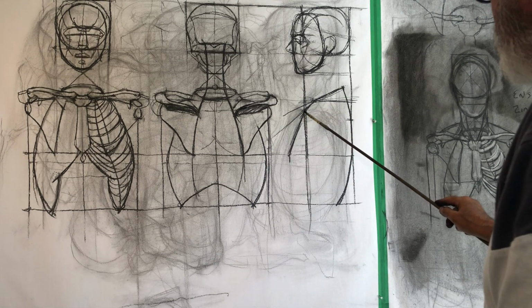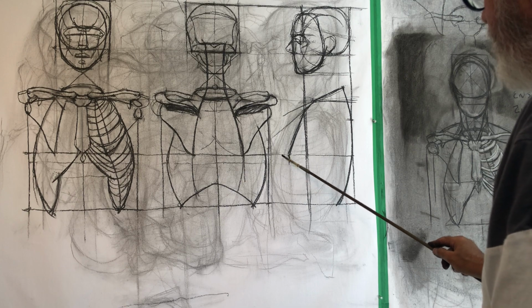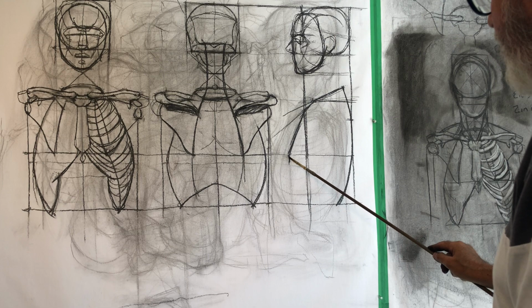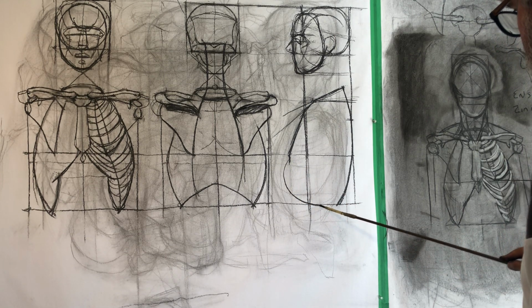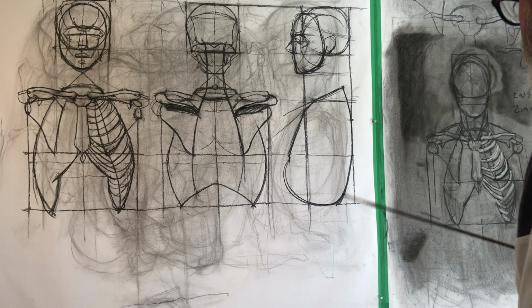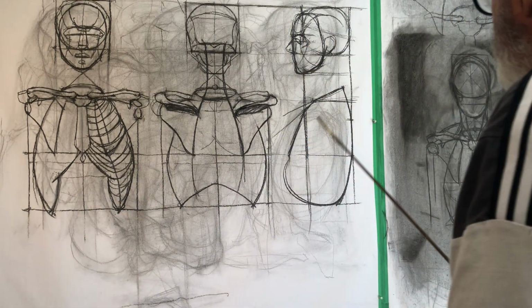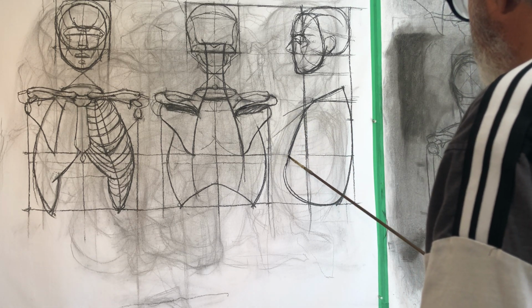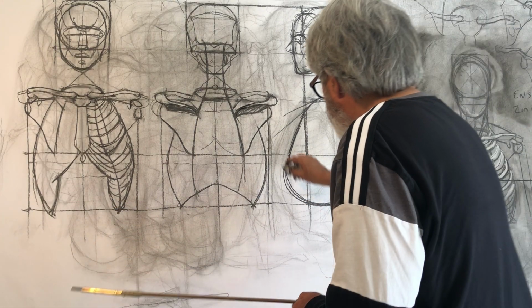Gladiolus, sternum comes out, xiphoid cartilage. This cartilage that you're seeing from the front actually sticks out from the profile and wraps around like this, giving us the feel of the rib cage from the profile. All right, that's better.